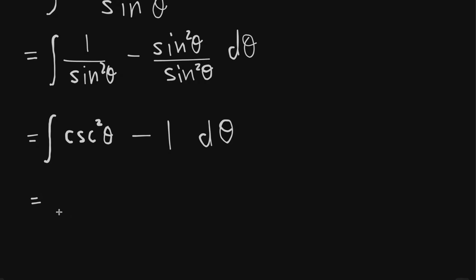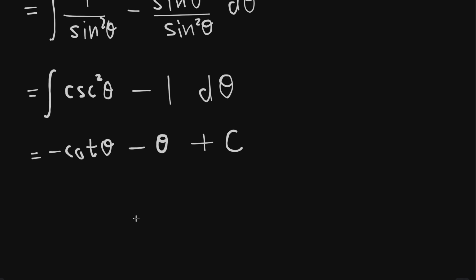And the antiderivative of cosecant squared of theta is negative cotangent of theta. And then the antiderivative of negative 1 is just negative theta. And then we have a plus c, our constant of integration.